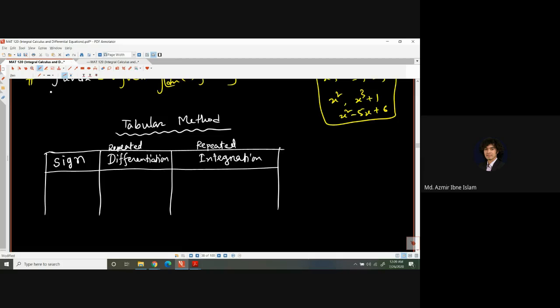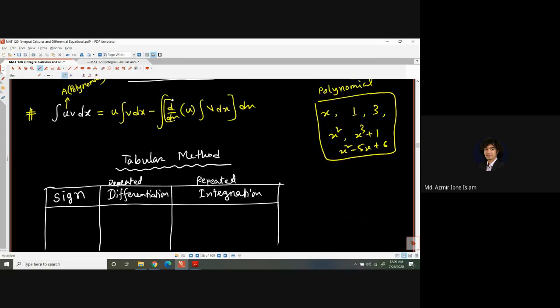You can see that we have u and v. Remember, u will be placed in the second column, that is under the repeated differentiation column, and v will be plugged in the third column.